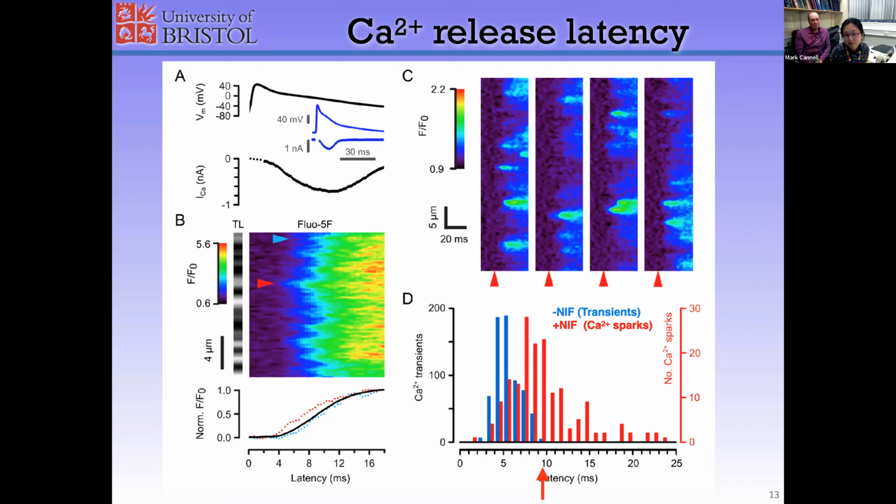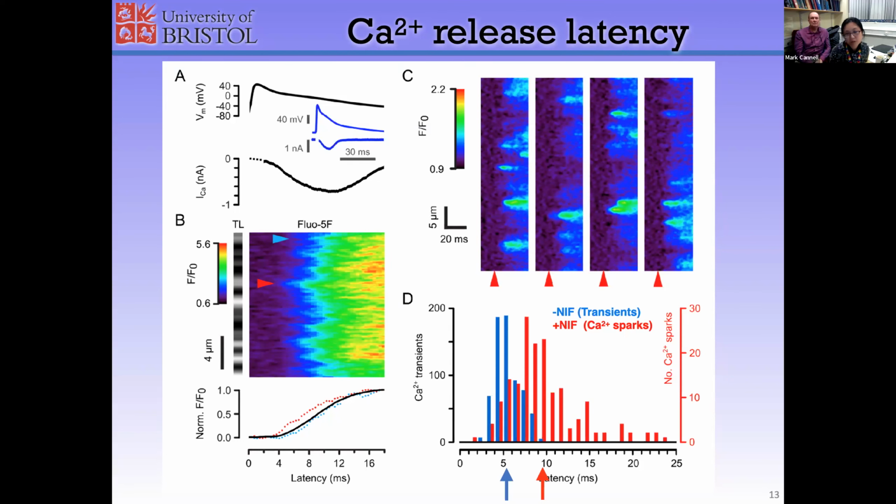So during these calcium transients, we measure the latency to calcium release at the Z lines, and these latencies are plotted in blue. And the average latency in this case was around 5.5 milliseconds, which corresponds to a membrane potential of about 0 millivolts.